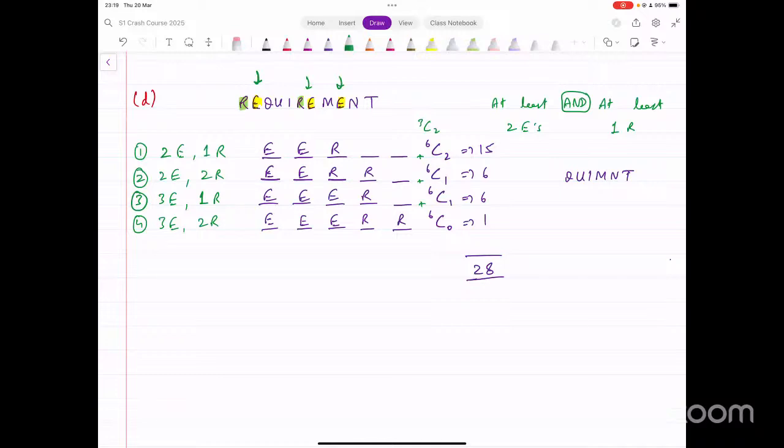Now the E's are all identical, right? There's no difference between the E's. So it doesn't really matter which 2 we select. Even if we had the first E and the second E, as compared to the first and the last E, it doesn't make any difference. So we don't have to select the E's and the R's in this case. They don't matter because they're identical.